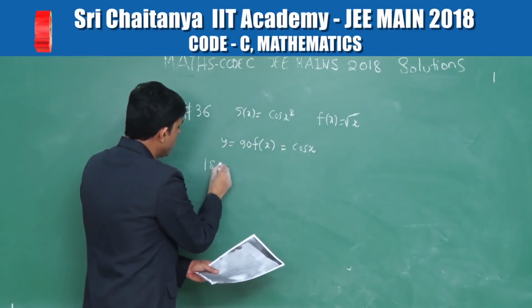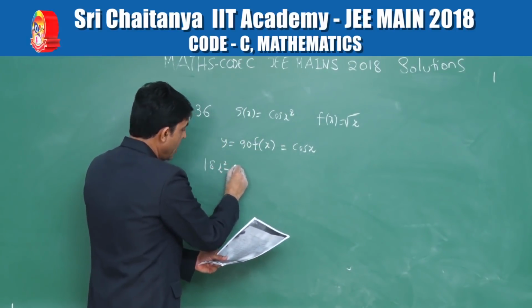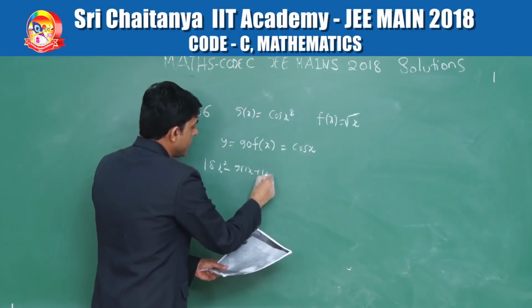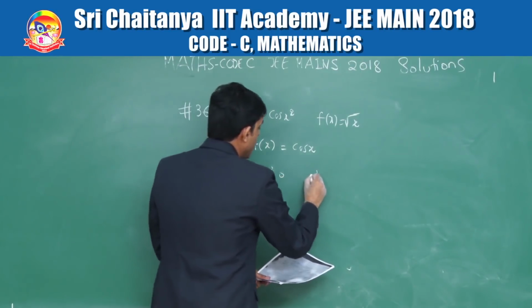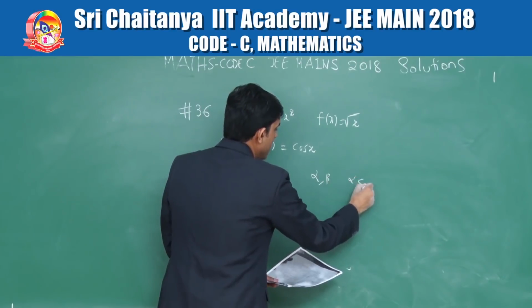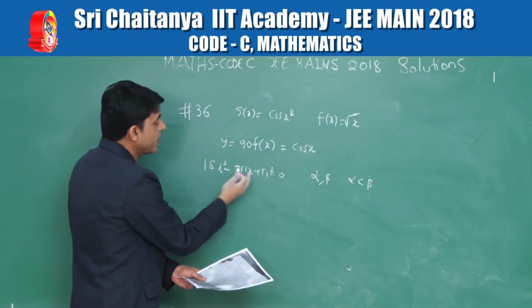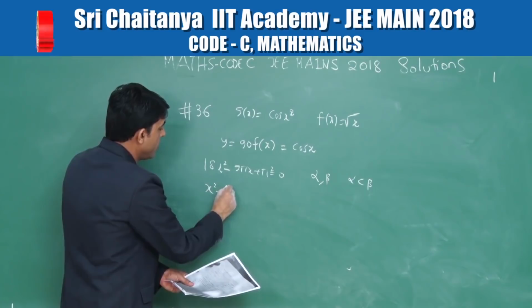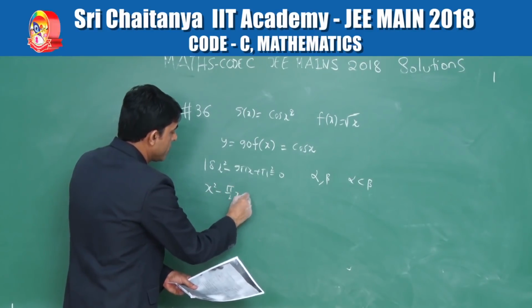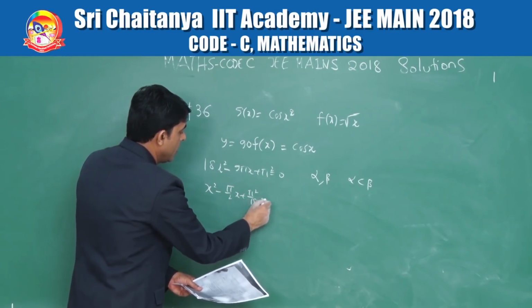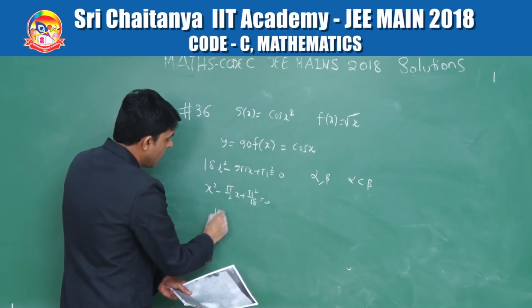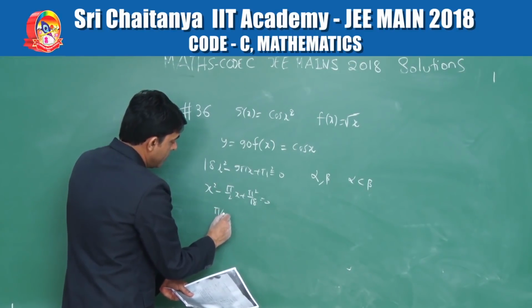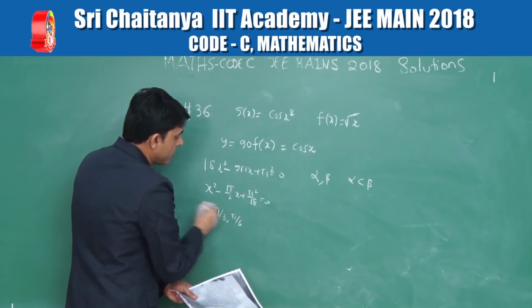Now 18x square minus 9 pi x plus pi square equal to 0 has roots alpha and beta, alpha less than beta. We can find the roots. We can write x square minus pi over 2 x plus pi square by 18, and the roots happen to be pi by 3 and pi over 6.